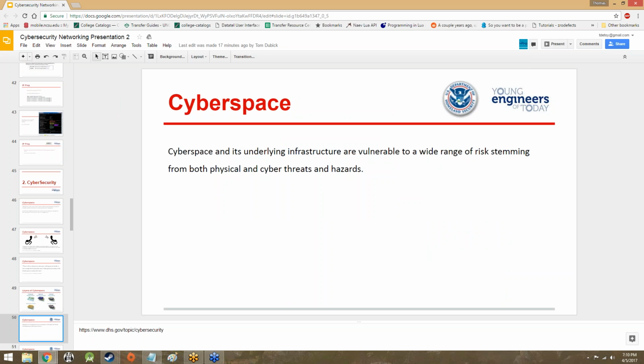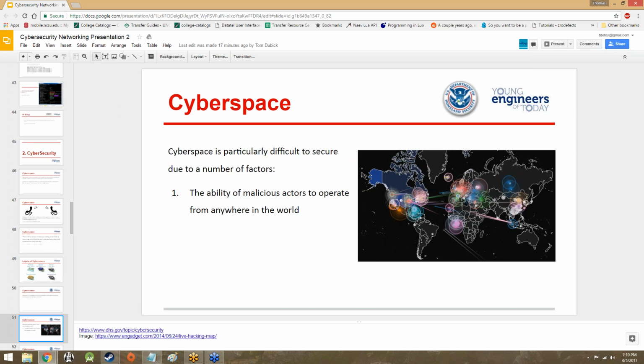Now, we talked about this. Cyberspace and its underlying infrastructure are vulnerable to a wide range of risk stemming from both physical and cyber threats and hazards. It's particularly difficult to secure due to a number of factors. One is the ability of malicious actors to operate from anywhere in the world. Like we were saying before, if you're just trying to defend a building, let's say in Kansas, it's easy enough to do.